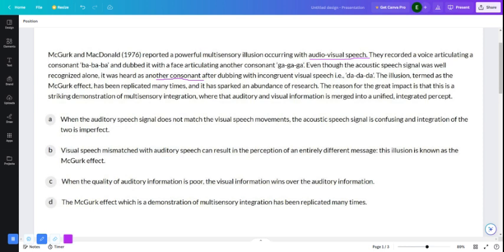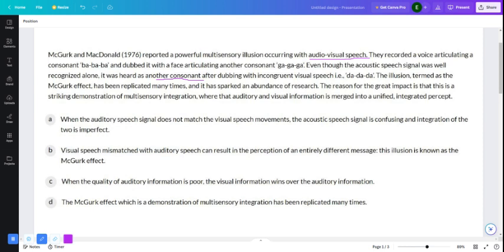The illusion, termed the McGurk effect, has been replicated many times and has sparked an abundance of research. The reason for the great impact is that this is a striking demonstration of multisensory integration, where auditory and visual information is merged into a unified integrated percept.